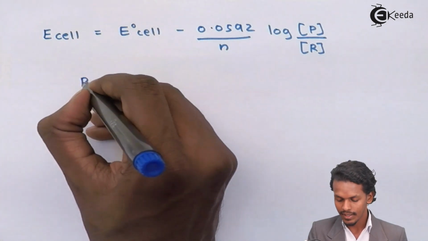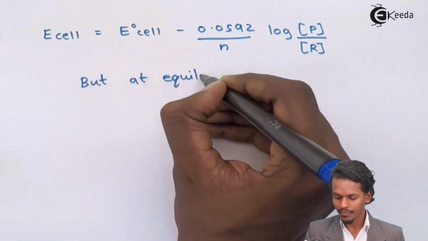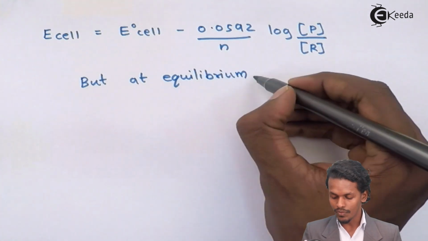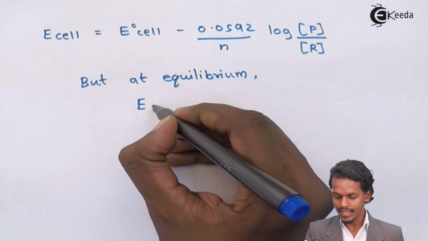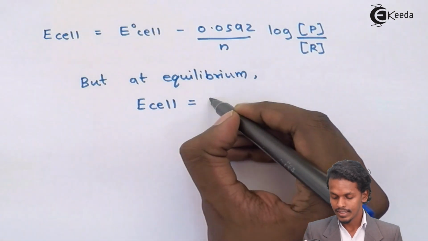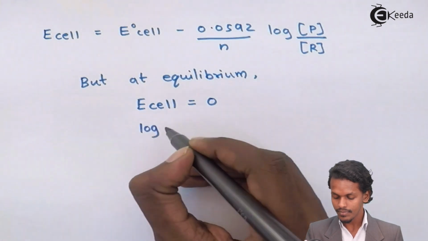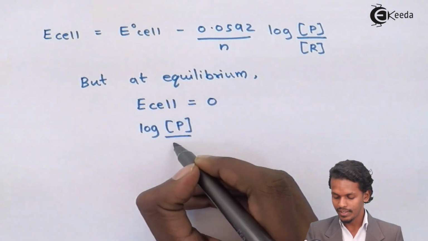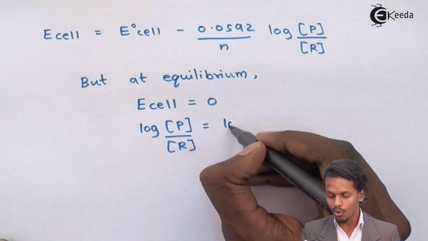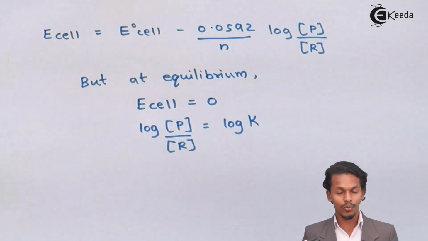But at equilibrium, the value of E cell will be 0, while that of the log of the product concentration divided by the concentration of the reactant can be written as log of K, and this K is nothing but the equilibrium constant that we have to calculate.